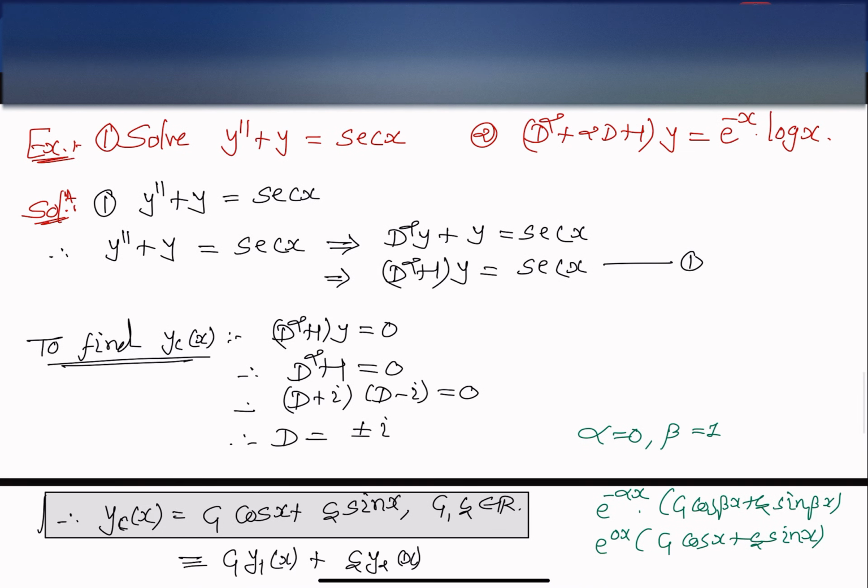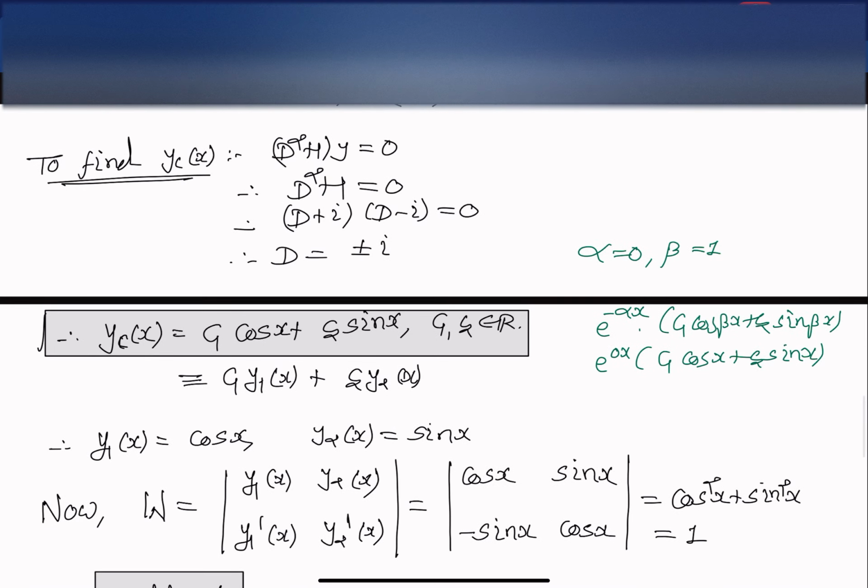Again, I repeat, this is the first exercise. What we are doing, we have been given this differential equation. We write in terms of D. To find y_c(x), we consider right hand side as 0. We factorize this. So we have D. We check which case is applicable. So we write y_c(x). In y_c(x), except constants, the other two quantities are my y1 and y2.